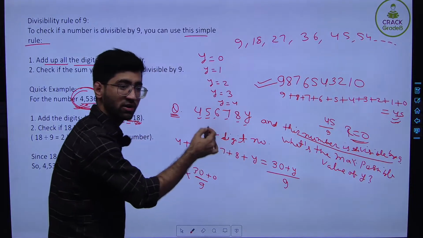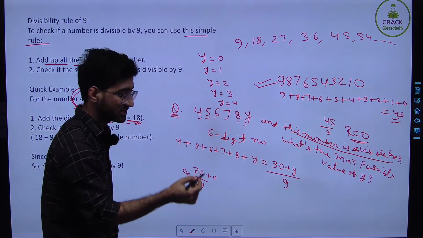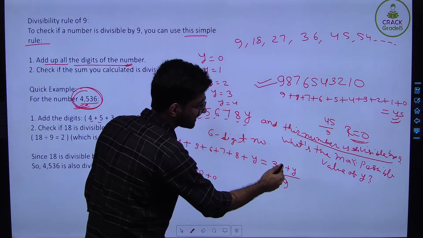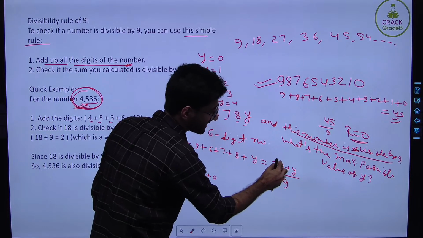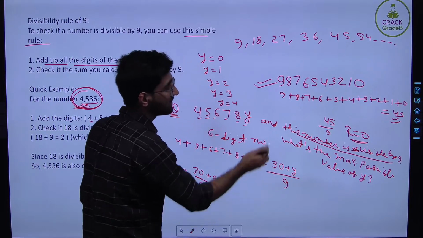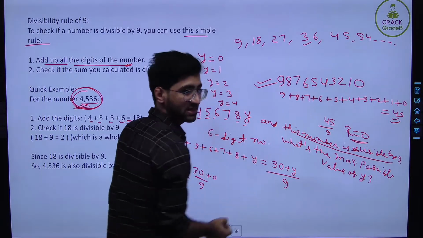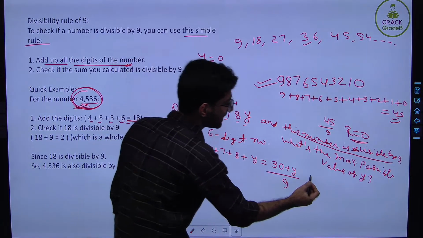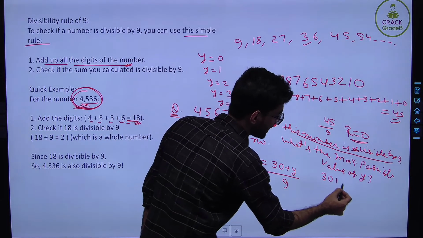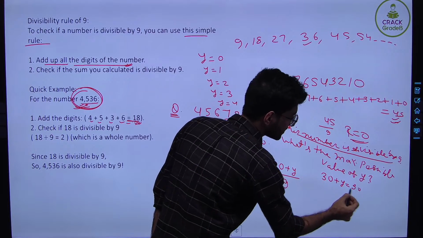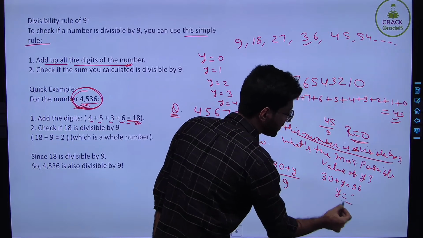You will have to think about what number just greater than 30 is divisible by 9, and obviously that number is 36. It means that 30 plus y equals 36. So the value of y is equal to 6.